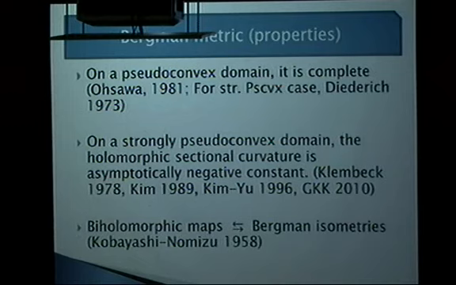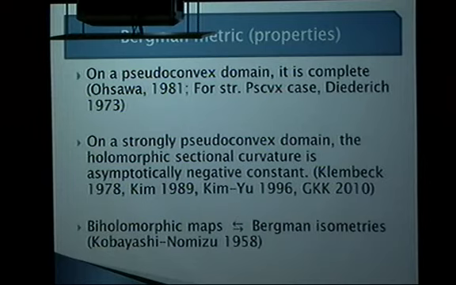And then I'll say a few things, just to put the points at the end, about where I used the complete Bergman metric here and there. What about completeness? Do we know? For the strongly pseudoconvex domain, the Bergman metric is always complete. That was first proved by Klaus Diederich in 1973.